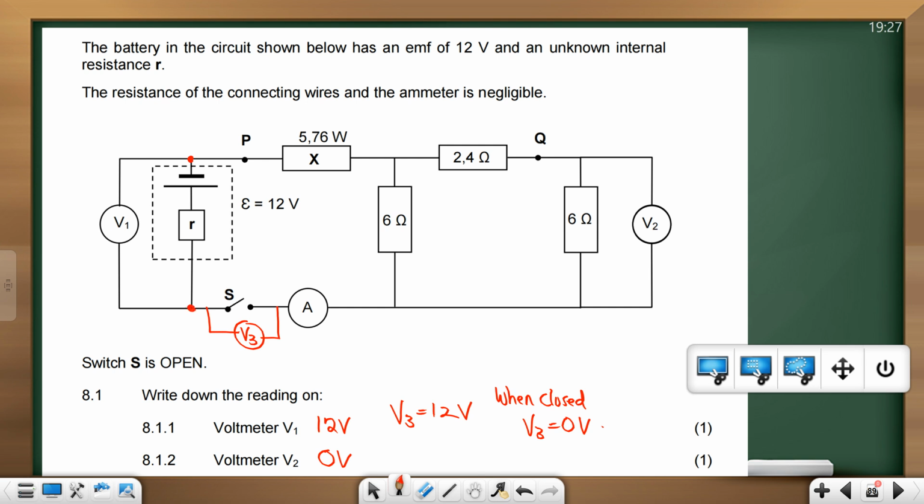But V2 is in the circuit. So this one here would be 0. Why? There's no current flowing through. Check. If I say V equals to IR, but I is 0, it doesn't matter what's going on. But on the EMF, the one on the battery would measure the EMF.